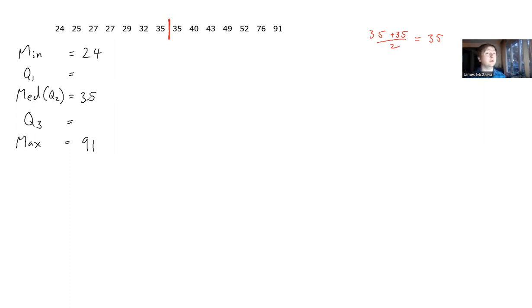Pretty quick so far. Now, for the quartiles, there is a shortcut method. Now, the shortcut method will not give you exactly the same answer as the full method. So you have to be a little bit careful here. Like if it's a computer marking it, then the computer might not mark it correct.